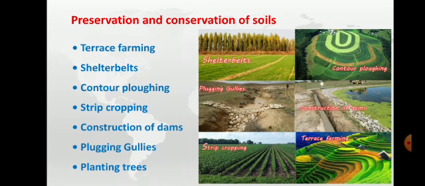You can see in the picture here like steps they are done. So when the step type of it is done, the water will not run very easily. It will go down one step at a time, isn't it? So soil erosion can be controlled in this type of farming, that is terrace farming.